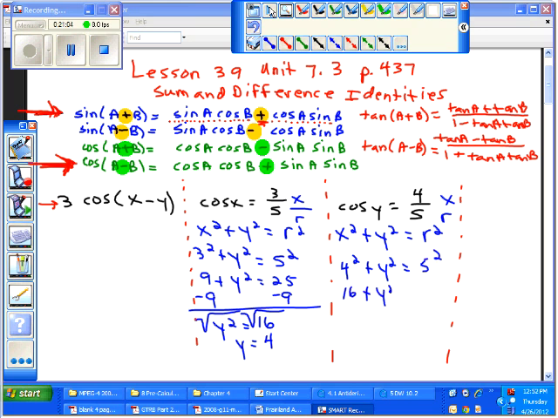And so we're going to have 16 plus y squared equal 25. Subtract 16. y squared equal 9. Square root, y equal 3. So the y of the situation on the left was 4. The y of the situation on the right is 3.